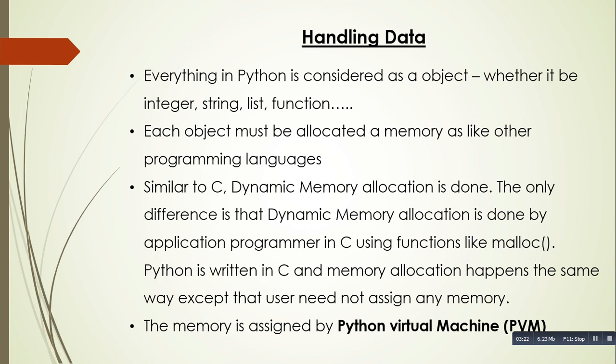But in Python everything is done in the background. What happens in the background is that Python is written in C, which we have discussed previously. Whatever memory allocations are done are already implemented as modules in Python in the background, and they take care of any assignment of memory. So the user of Python need not worry about any allocation and deallocation of memory. This is one of the biggest advantages a user of Python has.